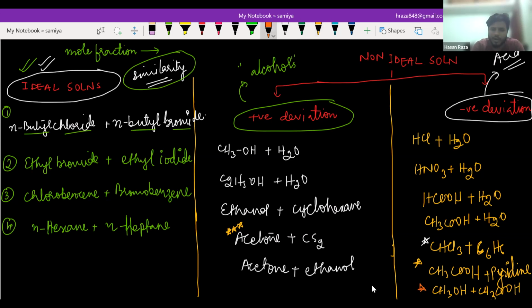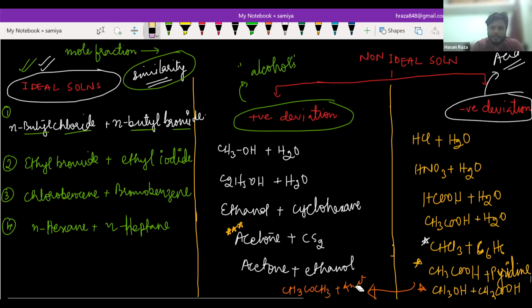Also, the last one for negative deviation is CH3COCH3, acetone, a ketone, plus aniline. This also shows negative deviation.